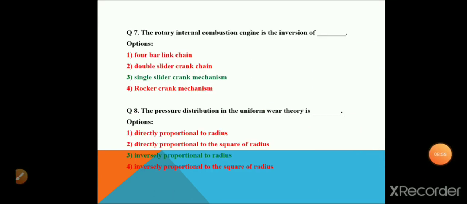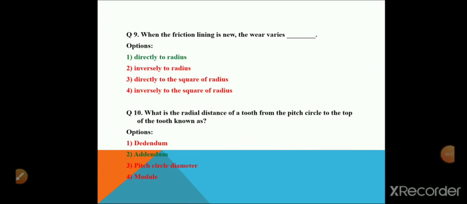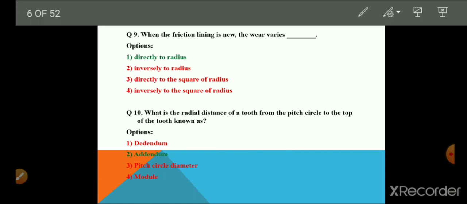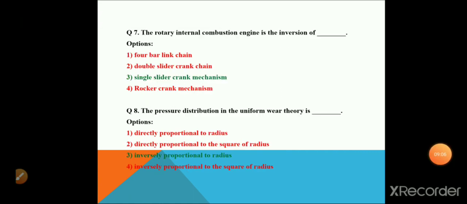Come to the next question. When the friction lining is new, the wear varies. Here question 8 we have to cover. The pressure distribution in the uniform wear theory is inversely of. Question number 7 first.